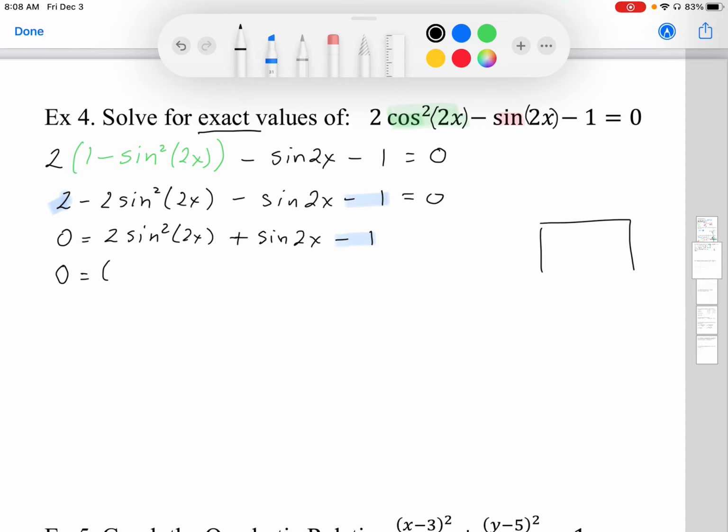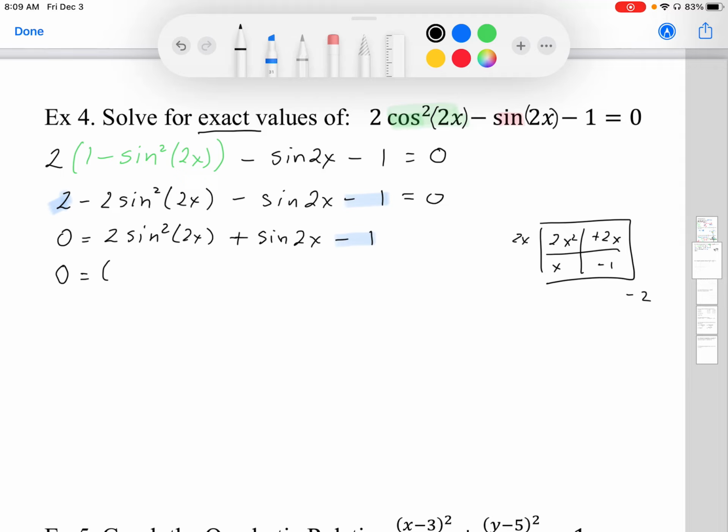These are relatively easy to factor because there's really not much choice. I know it has to be 2 sine x and it has to be plus minus 1 for the last term because that's the only way we get minus 1. But we can always just do it more formally. We have 2x squared minus 1. We know that the diagonal product is negative 2. The middle is positive, so we get it like that.